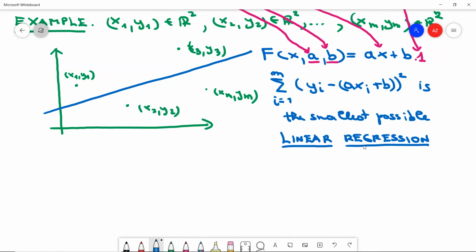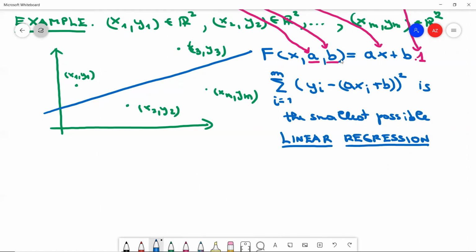But we could have more parameters. Of course, then I cannot draw the picture in the plane, because if we had three parameters, then I would need to use R to the power of 3. But if we have more parameters, then I cannot draw a picture.